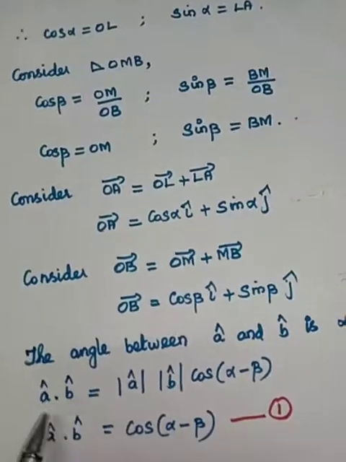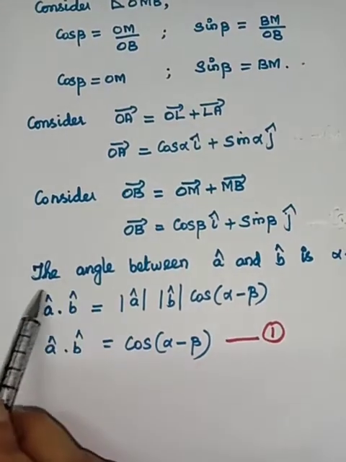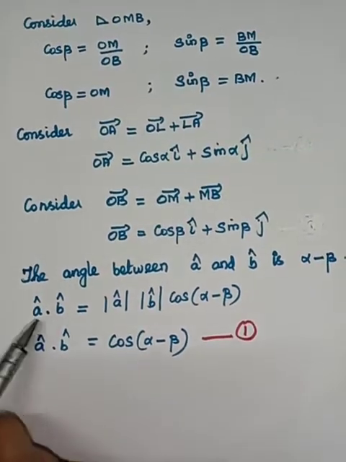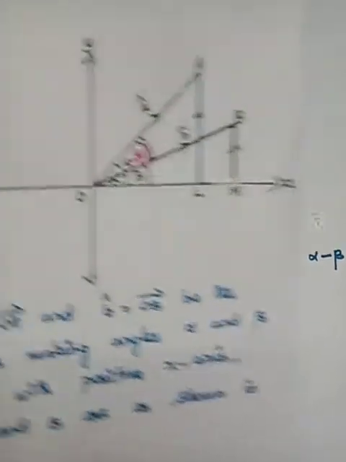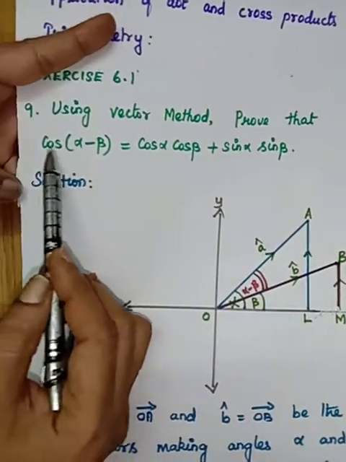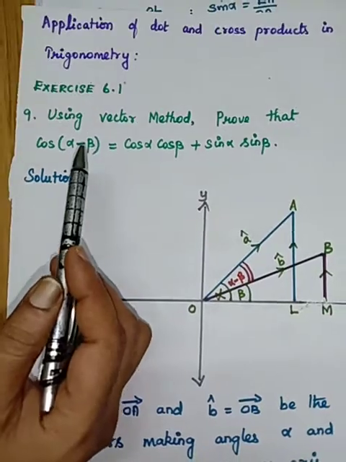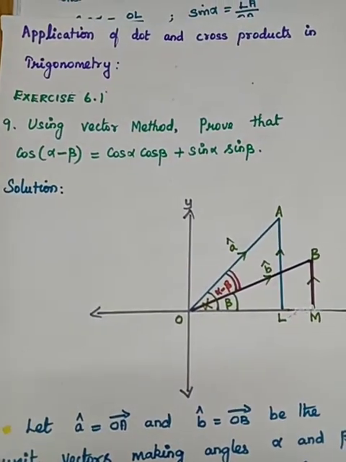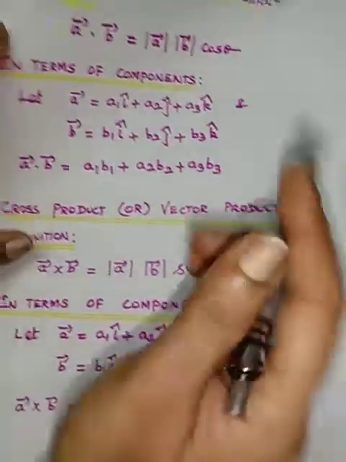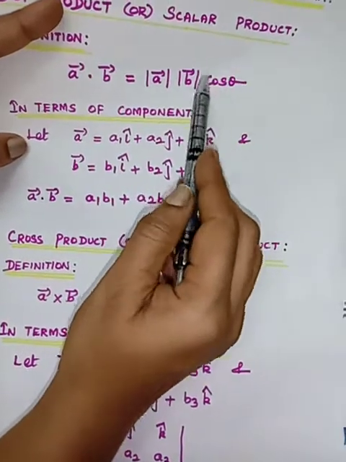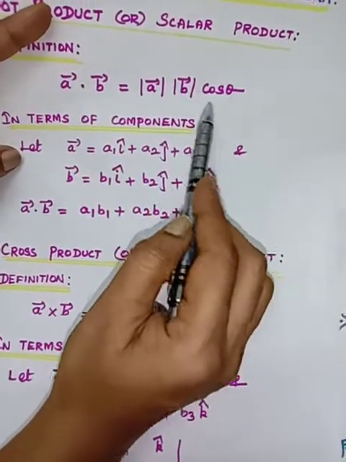Okay. So here I am going to take a dot product. Why am I going to take the dot product? Because the question is cos of alpha minus beta. By the definition of the dot product, which trigonometric function is involved? Cos theta.